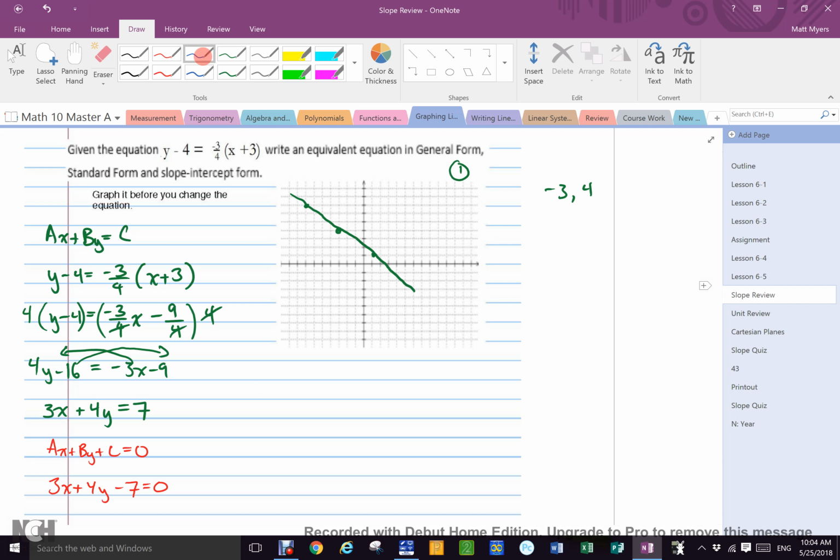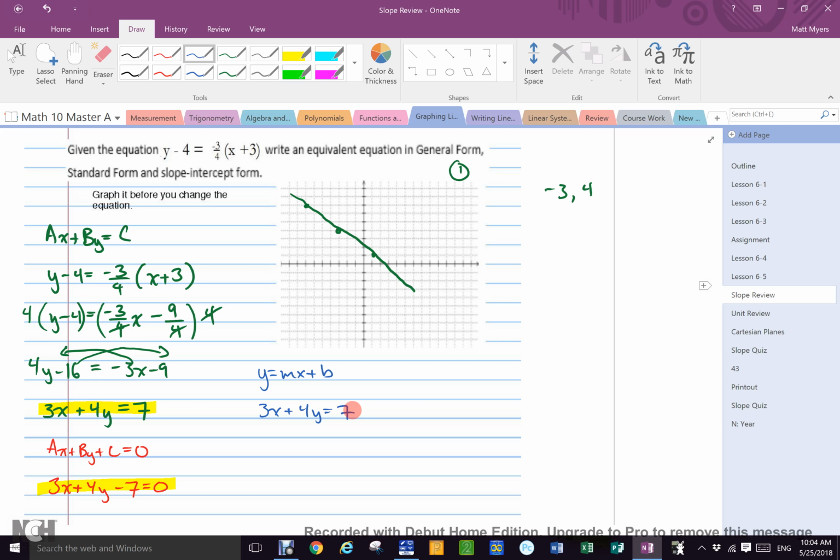And finally, slope-intercept form, y equals mx plus b. Y needs to be by itself, correct? Right now, I have these two. All I got to do is get y by itself. So, 3x plus 4y equals 7. I need y to be by itself, and what is the other thing y needs to be?